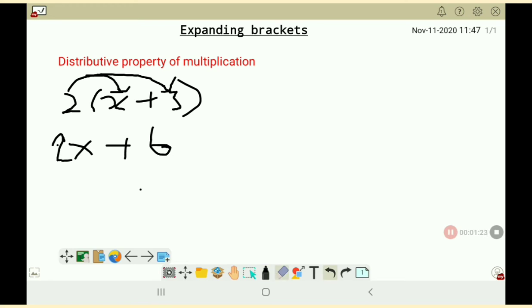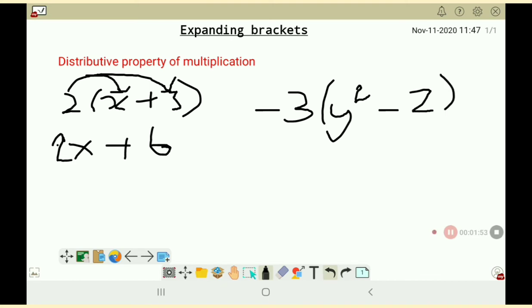What if we had negative 3 multiplied by y squared, take away 2? If we multiply negative 3 times y squared, we're going to get negative 3y squared.